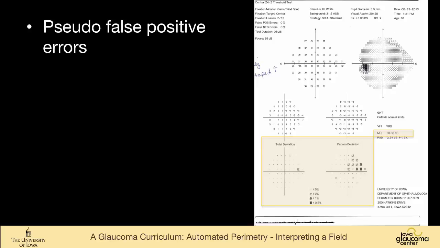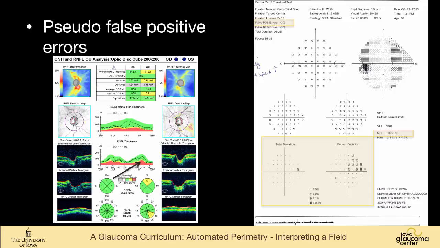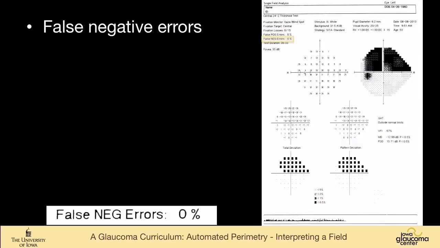So this person has a high mean deviation despite having this defect in their superior field, no false positive responses. And obviously, like everything in medicine, you have to correlate it with everything else. So this person does have some thinning in the retinal nerve fiber layer, and this is a true visual field defect.